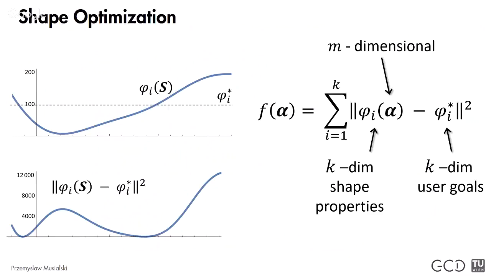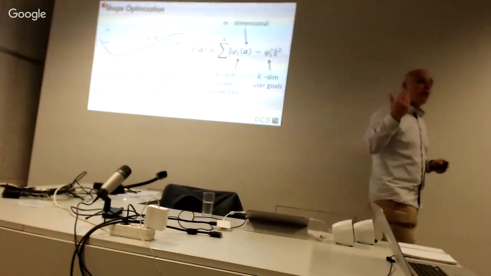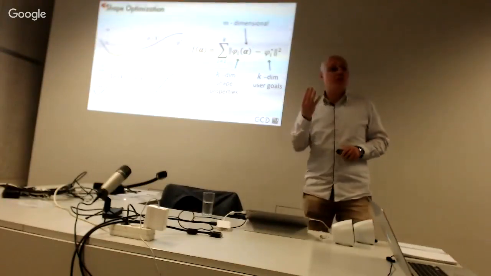What does it mean, k properties? That means, for example, we want to optimize the position of the center of mass and the rotational axis. So the position is a point, it's already 3 values, and also the rotational axis. Or we want to optimize for a number of frequencies.